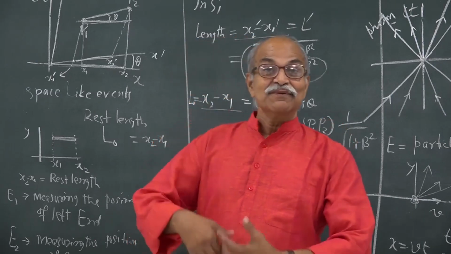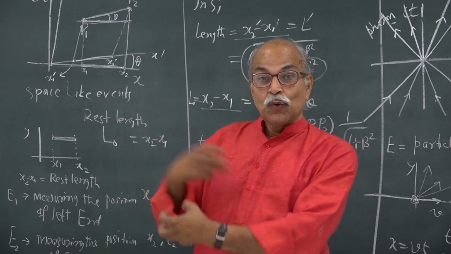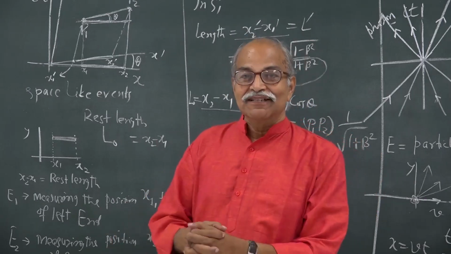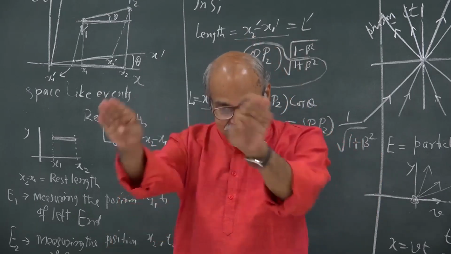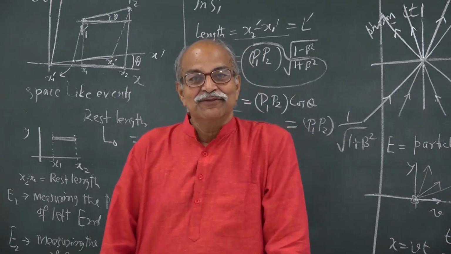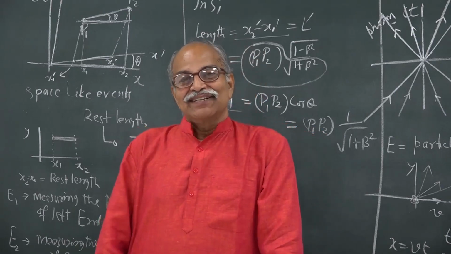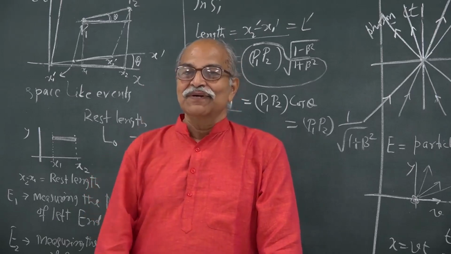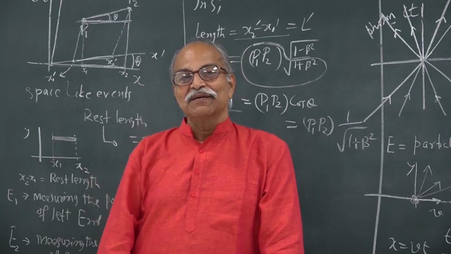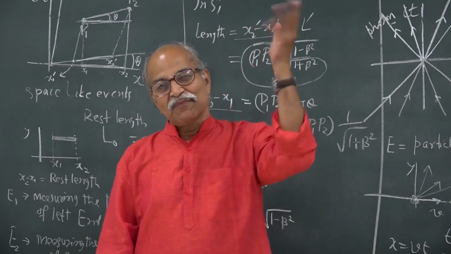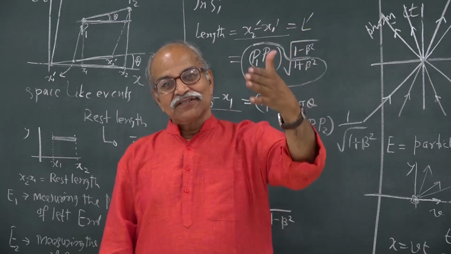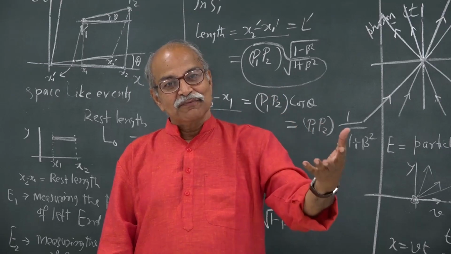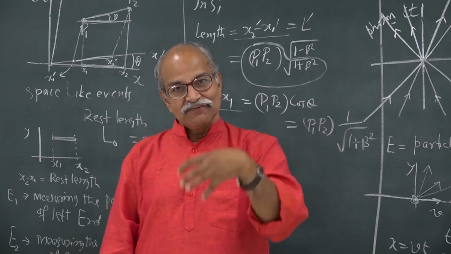The Galilean transformation was changed to be compatible with this piece of information from electromagnetic theory, that the speed of light is a fixed universal constant, square root of 1 by mu naught epsilon naught, and see how many things came out from that. The Lorentz transformation came out, Galilean transformation was replaced by Lorentz transformation.